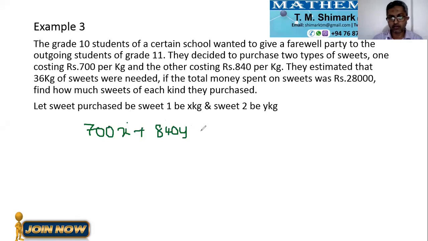The total cost we are talking about is 28,000. Total you spent is that much. And then the estimated total weight of the sweets is this much, so x plus y is going to be 36. This I'm going to call equation 1.